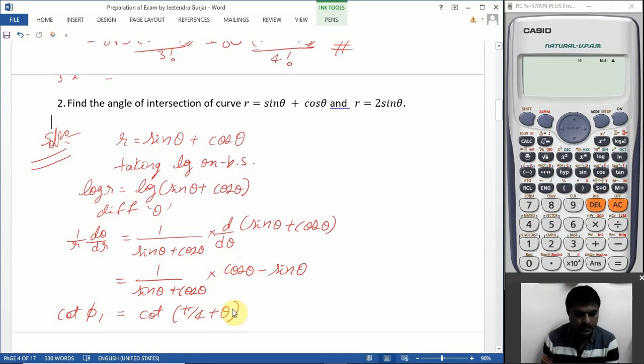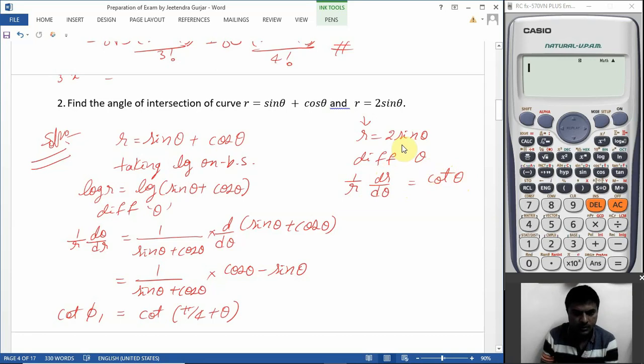Similarly, I will take here this value r is equal to 2 sin theta. Without taking any log and all, I will just directly differentiate with respect to theta. This is going to become 1 upon r dr upon d theta is equal to cot theta.